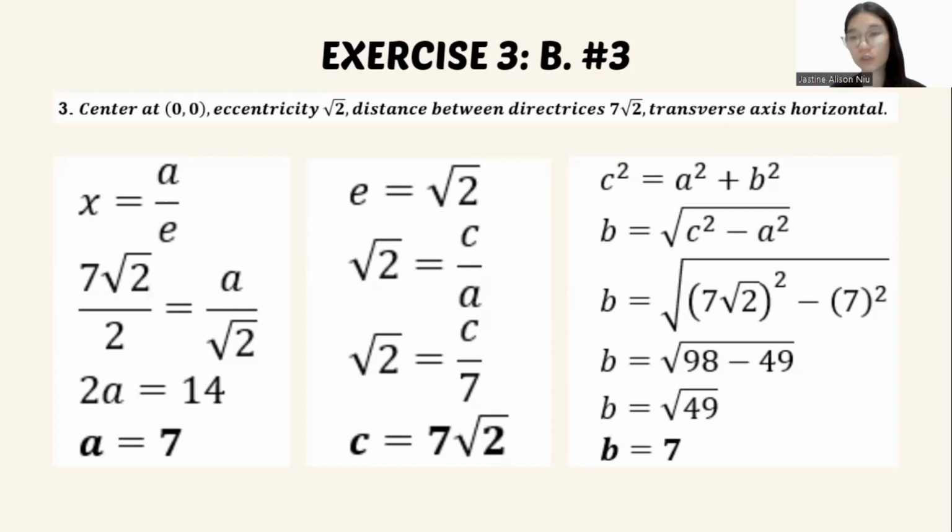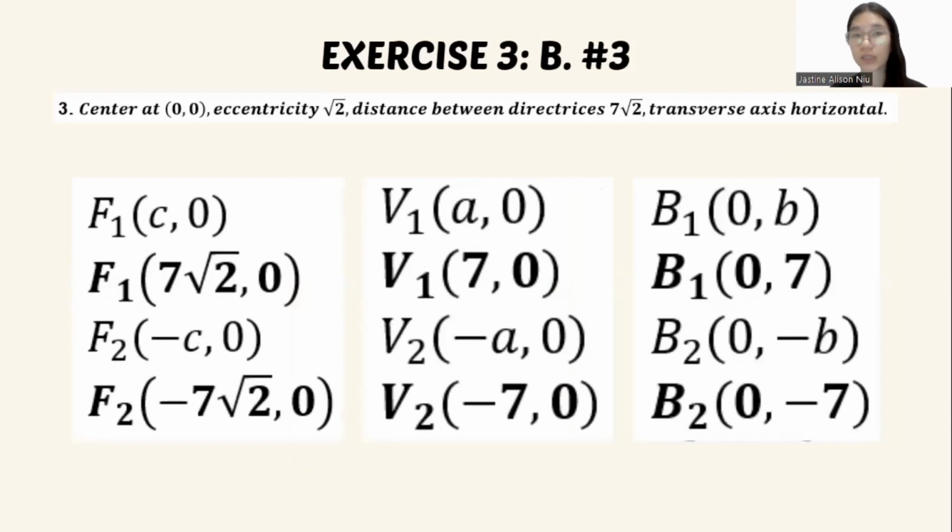Then let's substitute the number. So B equals square root of 7 square root of 2 squared minus 7 squared. And we will simplify it. It is square root of 98 minus 49. Then the letter B will be square root of 49. We already know that square root of 49 is 7, so the letter B is equals to 7.